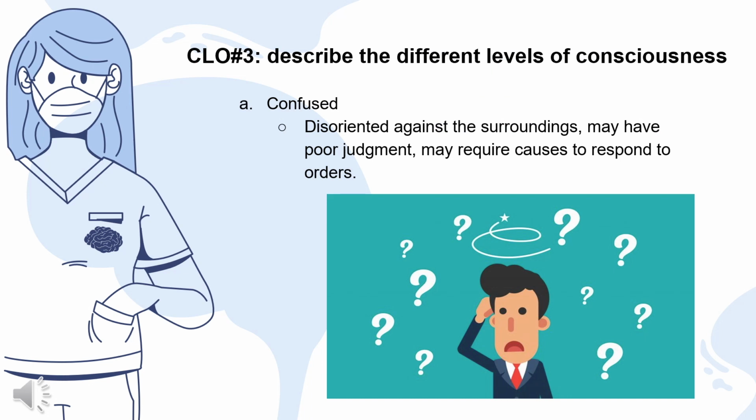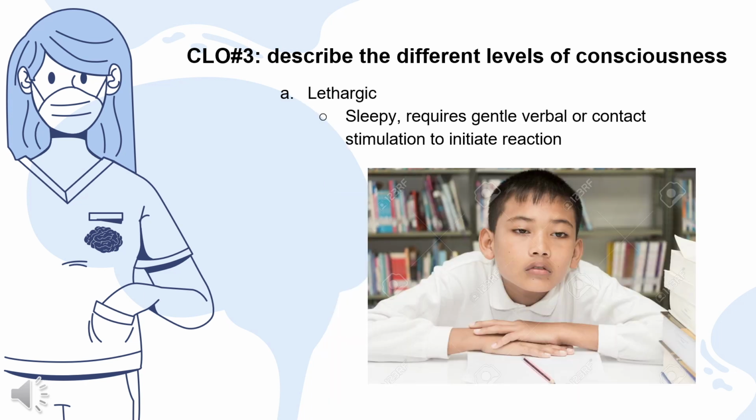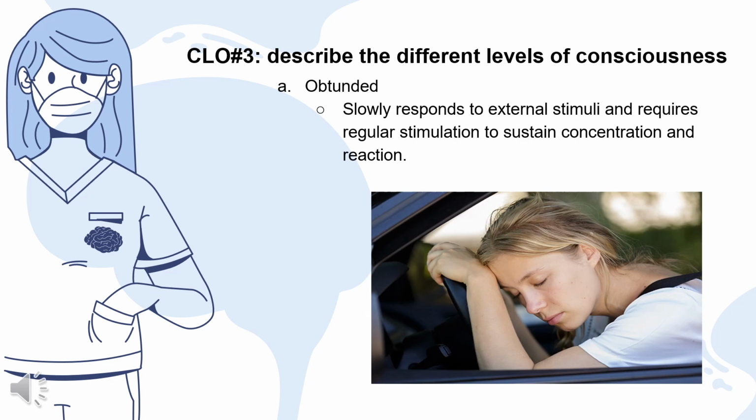CLO number 3. Describe the different levels of consciousness. Number 1. Confused. Disoriented to the surroundings, may have poor judgment, and may require cues to respond to orders. Number 2. Lethargic. Sleepy, requires gentle verbal and touch stimulation to initiate reaction. Number 3. Obtunded.